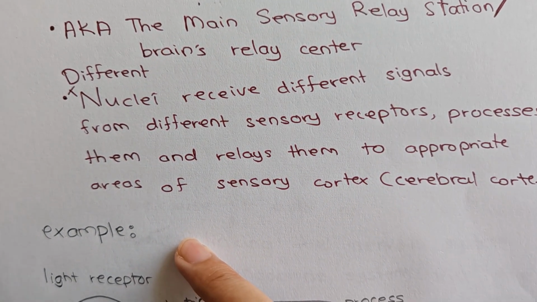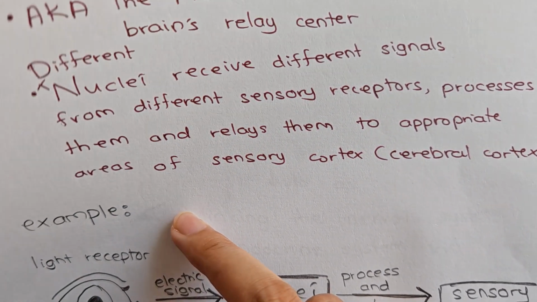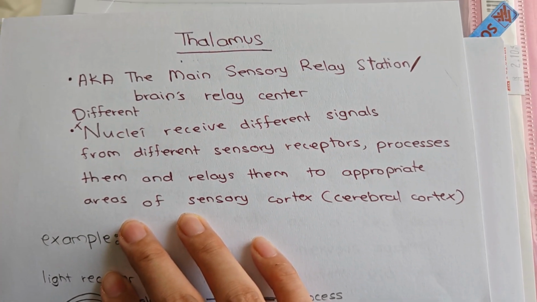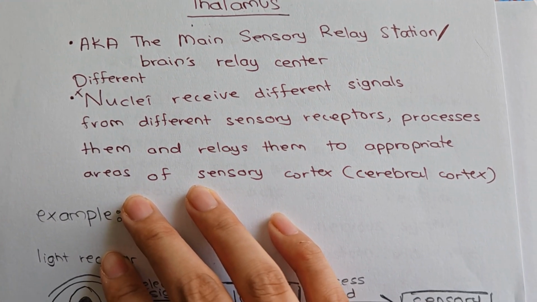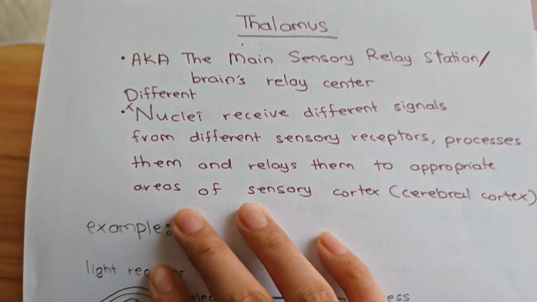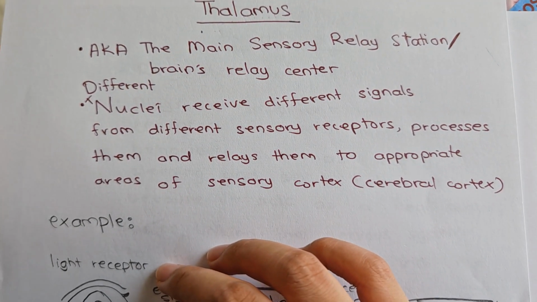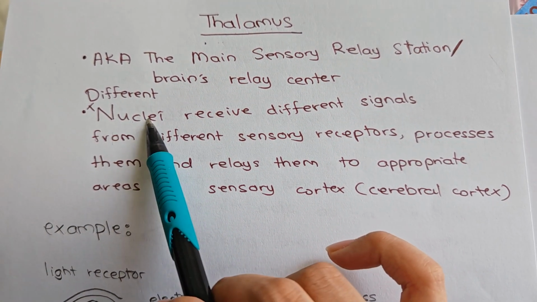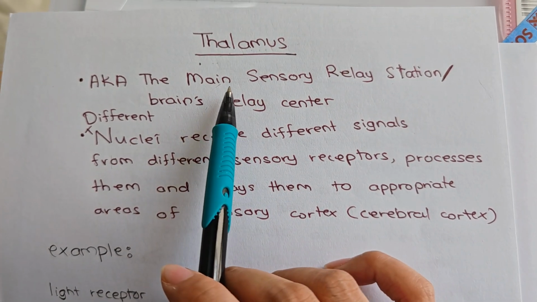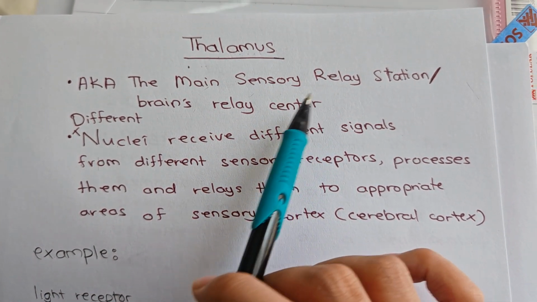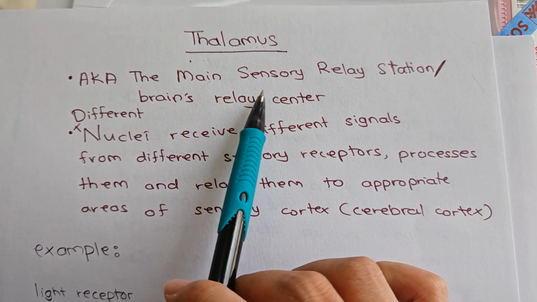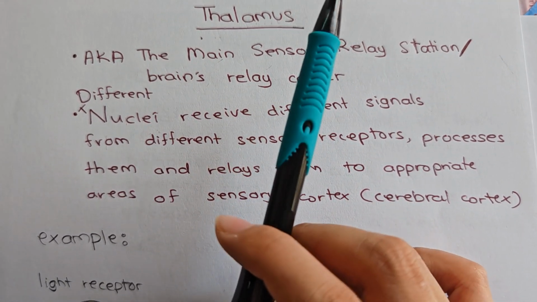So what are nuclei? Nuclei are specialized areas or clusters of nerve cells in the thalamus. Okay, and this is important because the thalamus is known as the sensory relay station. So these nuclei help relay things.